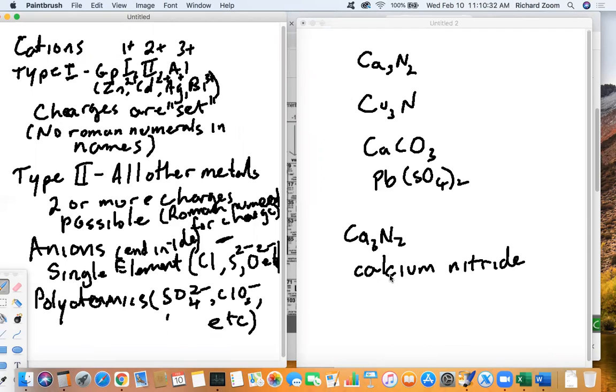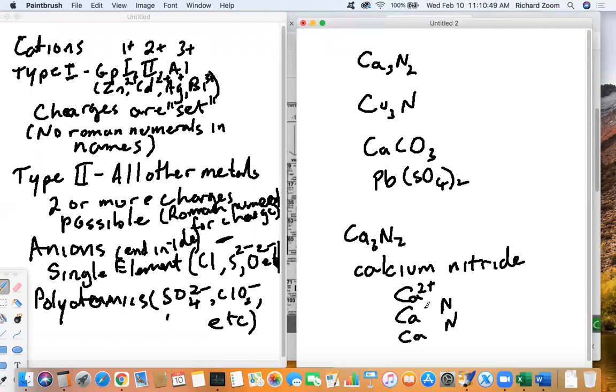Now you might be wondering, why don't we need to know how many of each there are? Well, if we drew a picture, this is what the picture would look like. There'd be 3 Cas and 2 Ns. We already know the charge on the calciums is 2 plus on each of them, which would be plus 6.